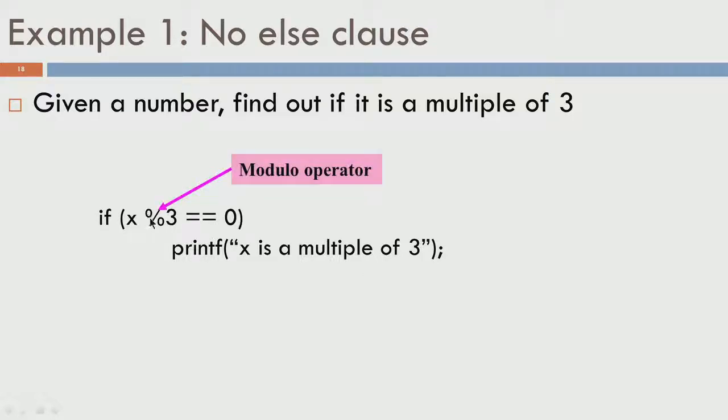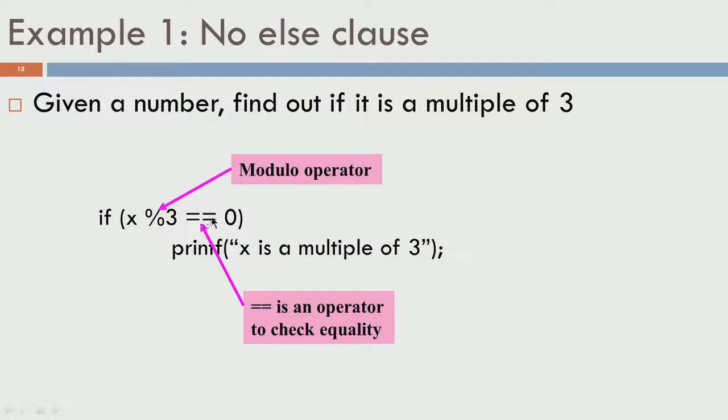Remember this percentage as the modulo operator that I introduced in lecture 1. This % 3 means you are looking at x mod 3, and this is something that is new here, which is this double equal to. This is essentially an operator in C which checks for equality. A single equal to symbol is useful for expression evaluation, as we did in the previous lecture.